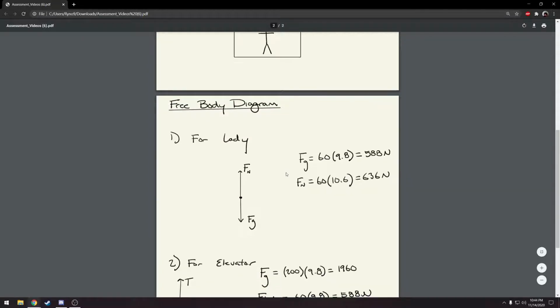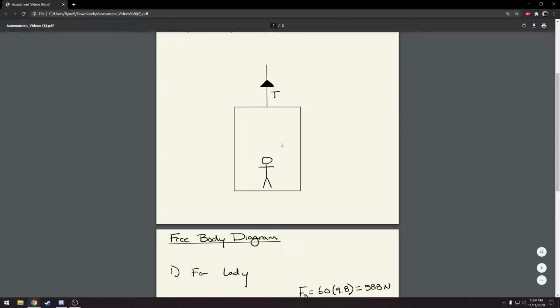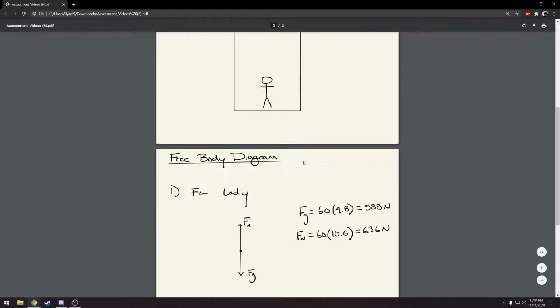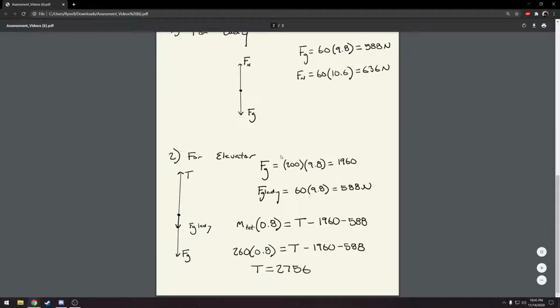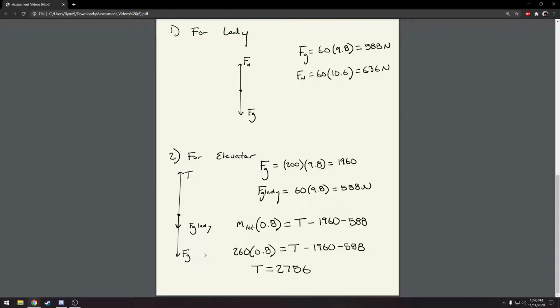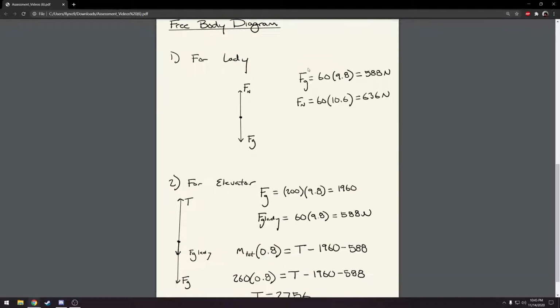But we don't have to include this force right here, because this force is only acting on the lady, not the elevator. So what our force diagram ends up looking like is just this tension force, because it's pulling it up, the force of gravity pulling the elevator down, and the force of gravity from the lady pulling the elevator down. The force of gravity from the lady we can just get from the previous problem.